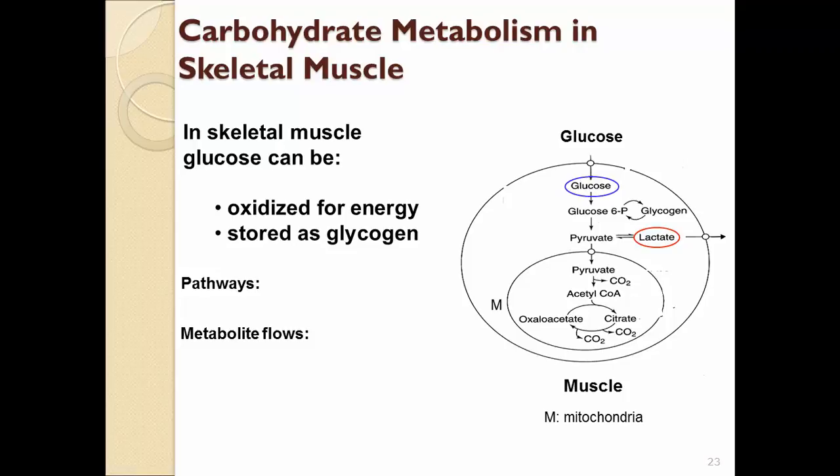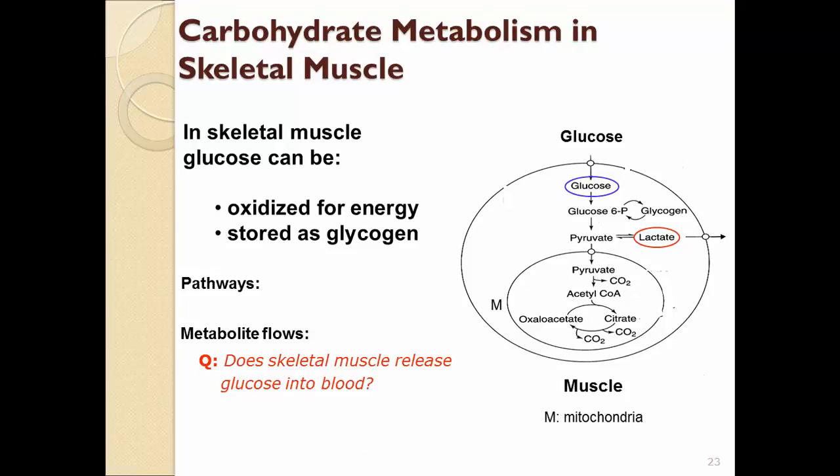But muscle itself is not the place for gluconeogenesis, right? That makes sense? Any questions? Yeah, of course, the TCA cycle and complete oxidation can also happen in the muscle cells.